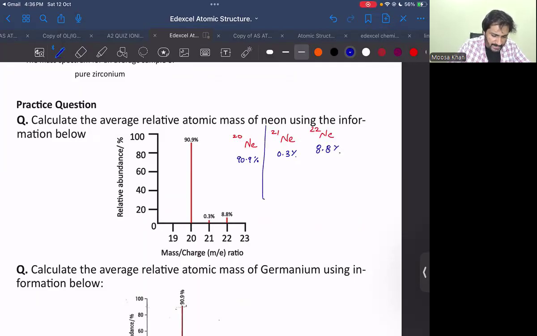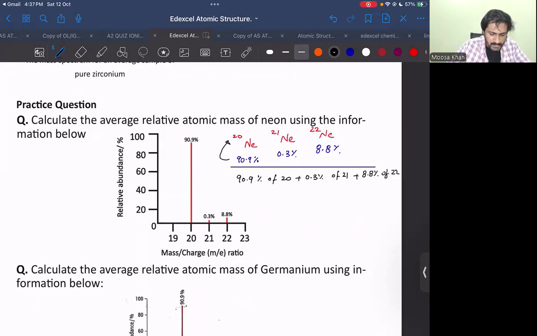So how do we find the average mass of all these isotopes? We use these percentages to find the average mass. We take 90.9% of neon 20, plus 0.3% of neon 21, plus 8.8% of neon 22.